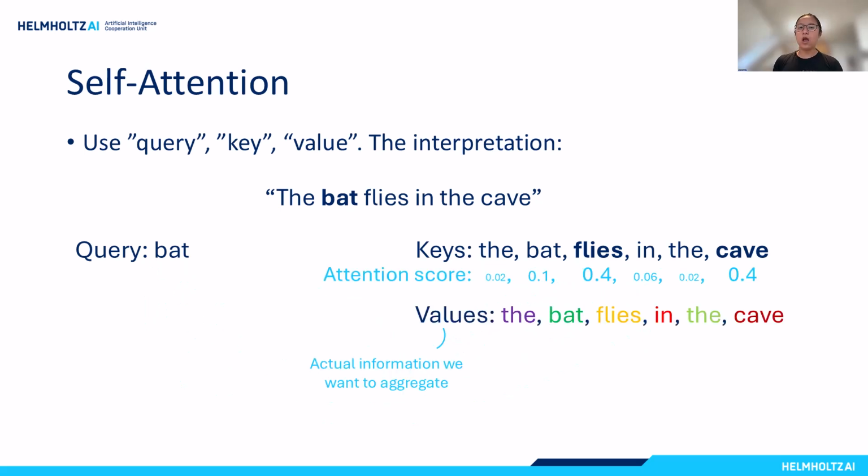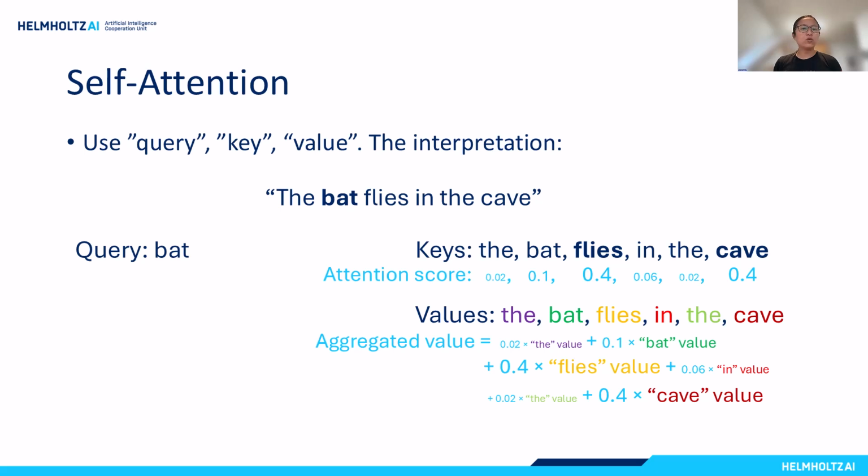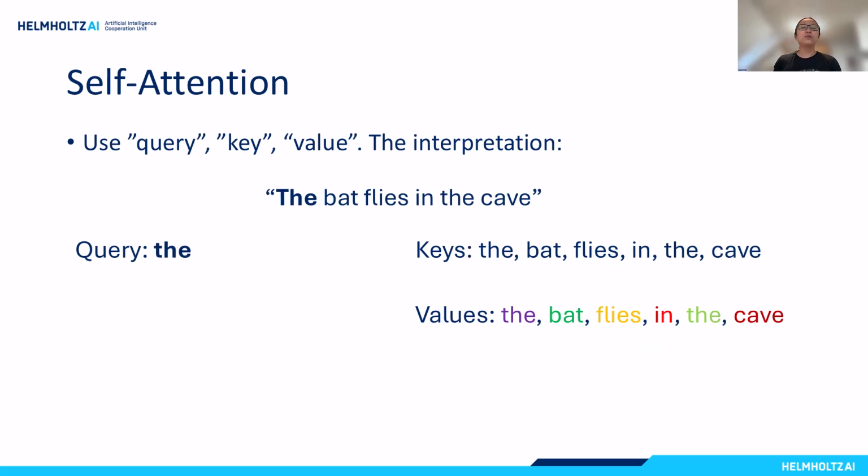The values are the representations of all words, but they contain the actual information we want to aggregate for the next layer or process. Once we know the attention score, we take a weighted combination of their values to be processed further. And we do this process also for other words as query.